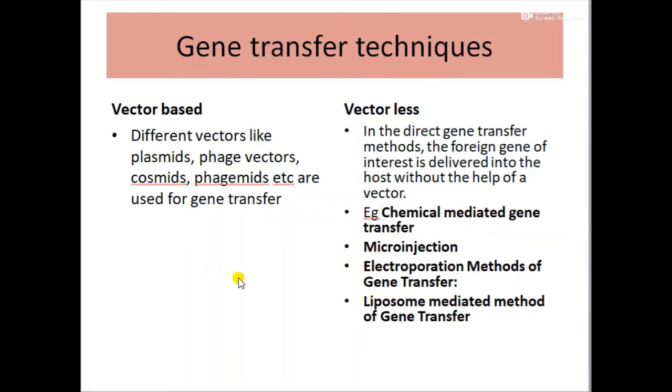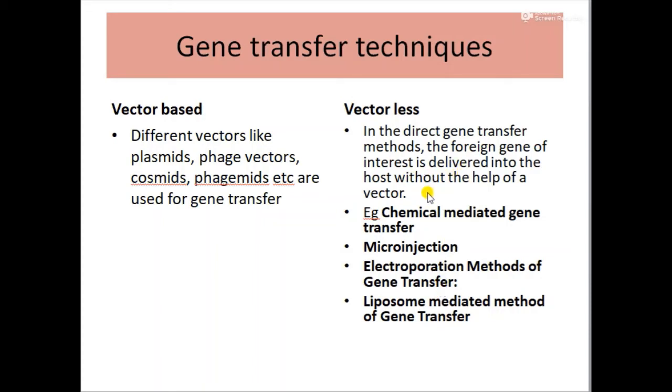So depending upon whether you use a vector or not, the gene transfer techniques can be named vector-based methods as well as vectorless methods. If you use a vector such as a plasmid, phage vector, cosmid, phagemid, etc. for gene transfer or to produce a recombinant DNA, it is called a vector-based method. And if you do not use a vector, or if you just want to directly transfer some DNA into a host cell, then that would be a vectorless or a direct gene transfer method.